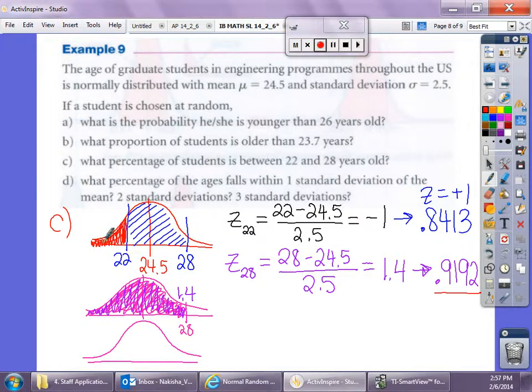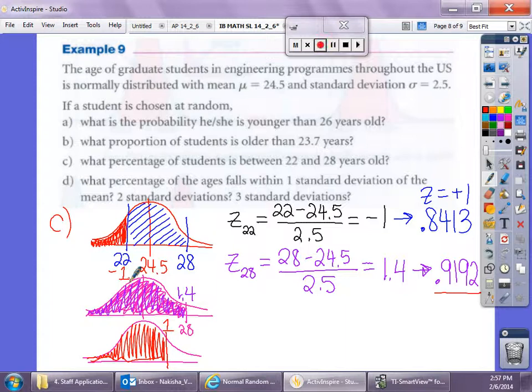Okay? But the calculator doesn't give me that tail. It actually gives me, sorry, not the calculator, the table gives me the positive 1 z-score instead of the negative 1 z-score. So it's a little bit confusing.